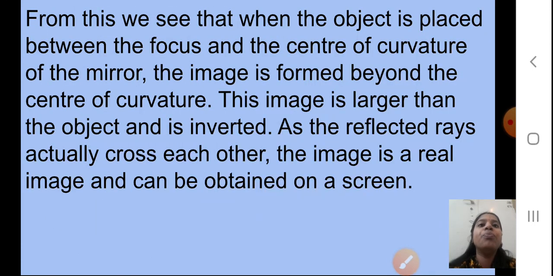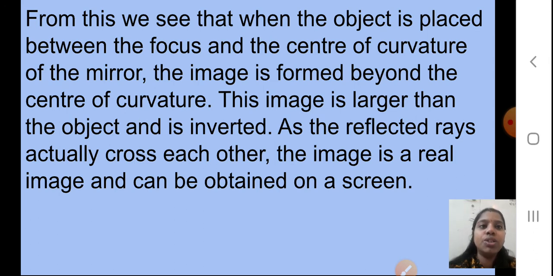Now from this we can say that when the object is placed between the focus and the center of curvature of the mirror, what did you see? The image is formed beyond the center of curvature. Beyond means after the point C the image will be formed.